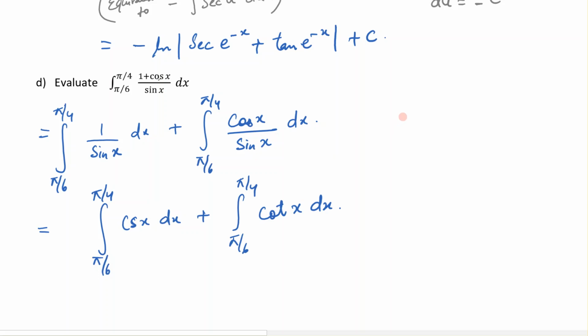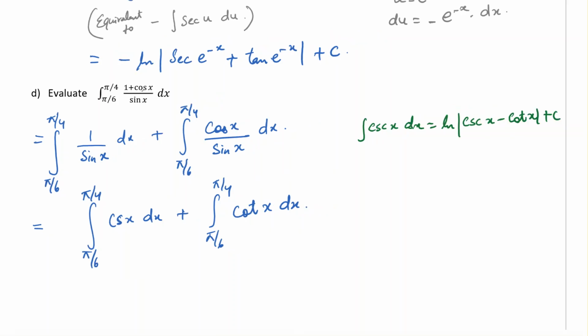And we know the integrals for cosecant x. So the integral of cosecant x is given by ln of cosecant x minus cotangent x plus c. Similarly, the integral of cotangent x is given by ln of the absolute value of sine x plus c.